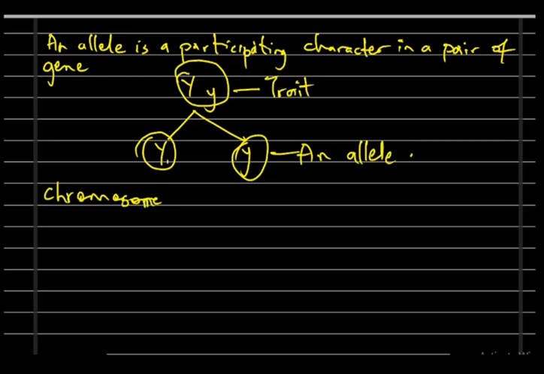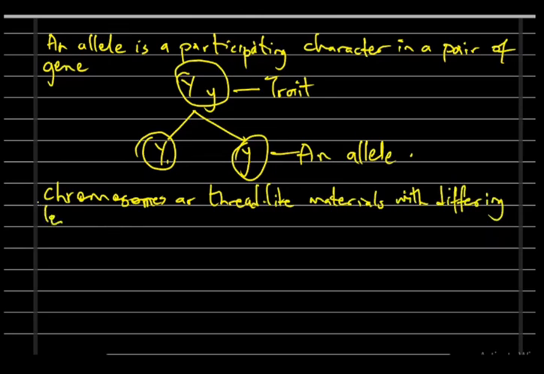Generally, they are thread-like materials or structures that have differing lengths, and they are made up of DNA, deoxyribonucleic acid, RNA, which is the ribonucleic acid, as well as proteins.